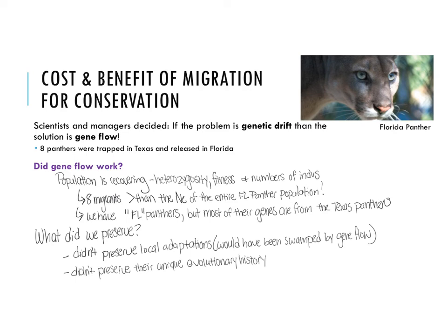And what is a species other than its unique evolutionary history? So again, it would have been swamped. And swamped means overwhelmed. So I'll write that this time. Okay, so we didn't preserve their unique evolutionary history.